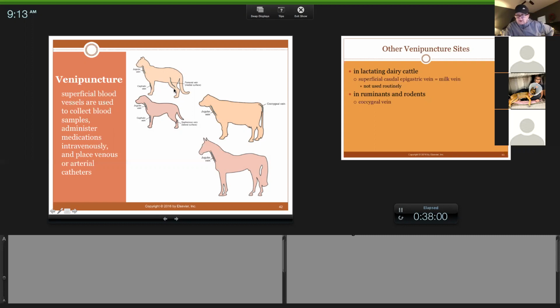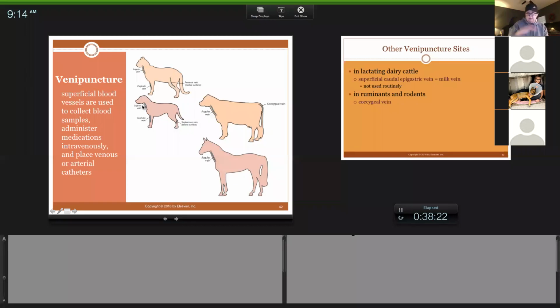Now, near their stifles, sometimes you see the vein. That's a medial saphenous. As you get closer to the stifle, the femoral vein is going to narrow, and then it's going to branch into a medial saphenous. But I would say in a cat, you have to be able to tell me some blood sites that you need to draw blood.